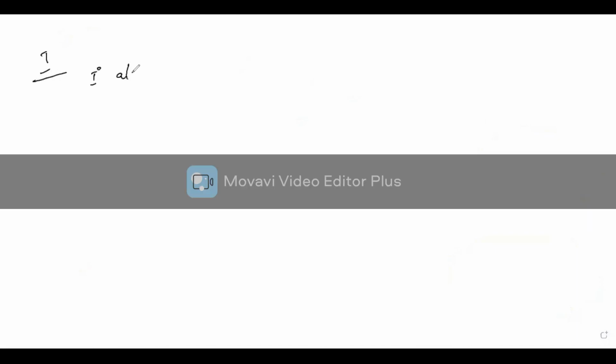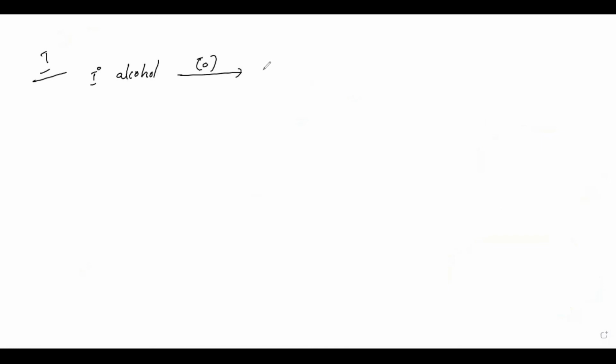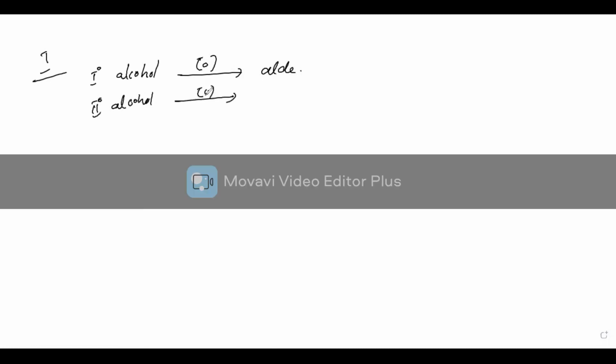Yes, sir. Okay. So these are the common preparations of aldehydes and ketones. First is from primary alcohol, oxidizing in the presence of PCC or chromium trioxide, we get aldehyde, and secondary alcohol oxidizing in the presence of the same reagent, PCC or chromium trioxide, we get ketones.